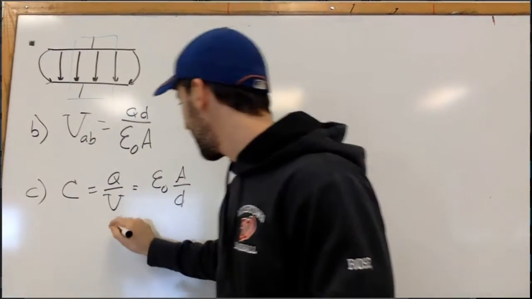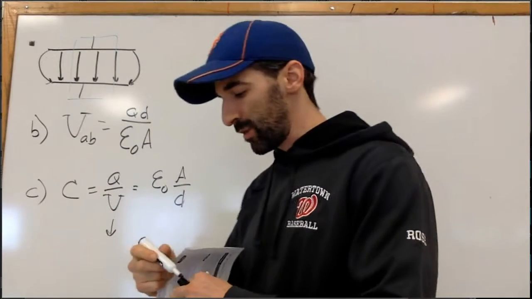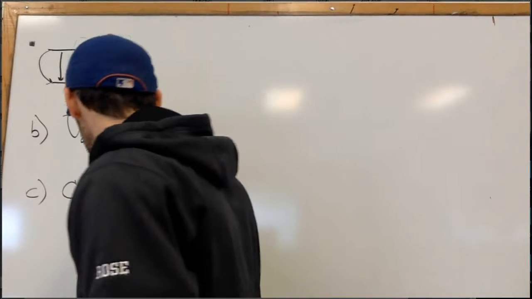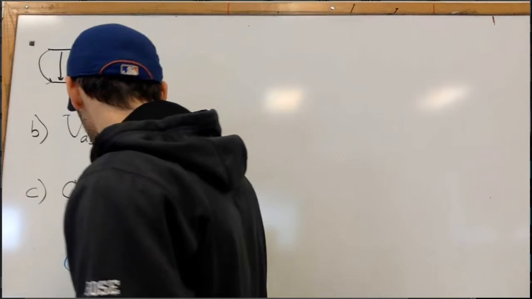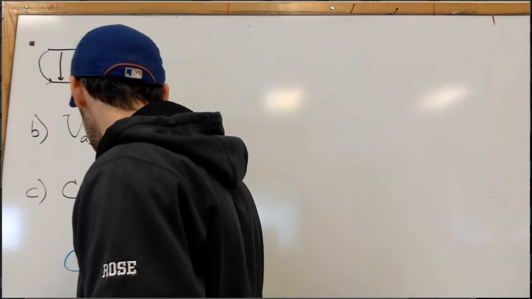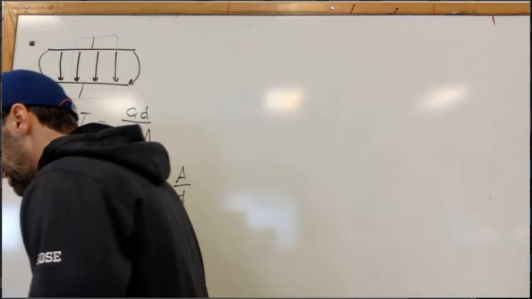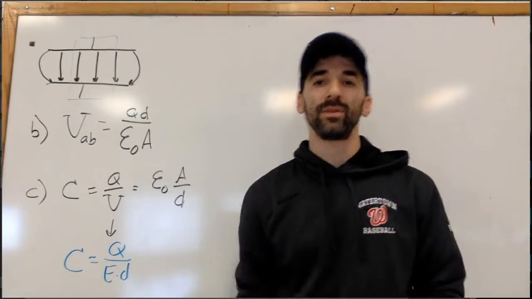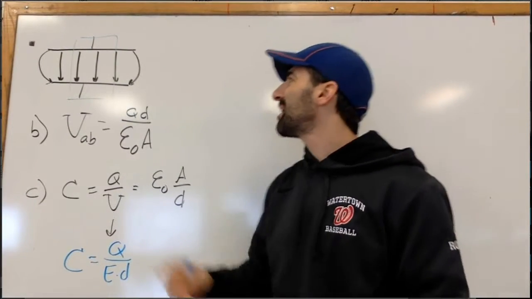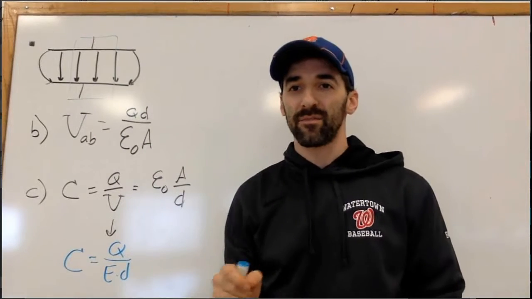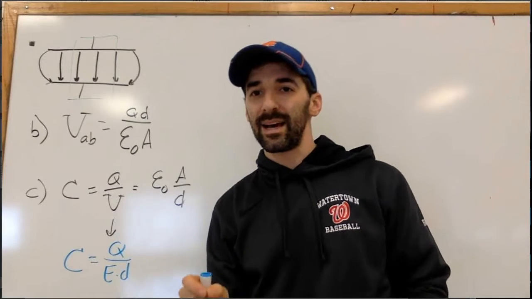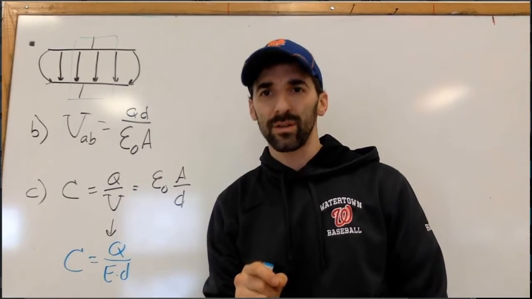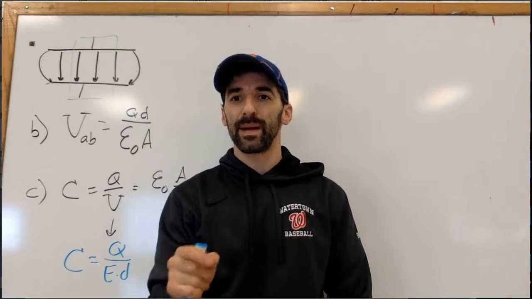I'm going to interject here so we might be able to see it a little better. My capacitance is equal to Q over my potential difference, which is E times D. Now, maybe you see where I'm going with this. If I have to account for this fringe effect, what is that actually telling me? It's telling me that the capacitance is going to be larger. Why is the capacitance going to be larger than I expect?